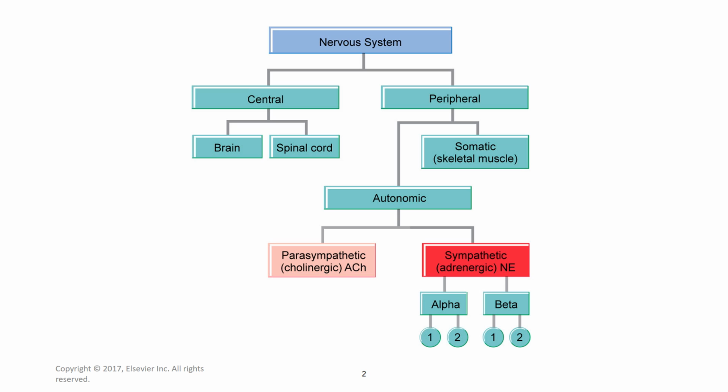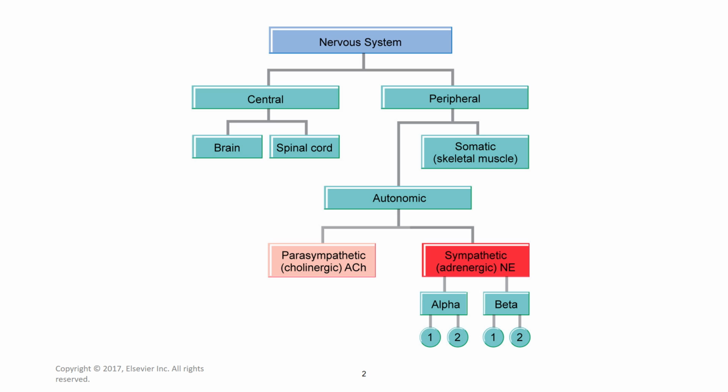So the nervous system has two separate branches: the central nervous system, which encompasses the brain and the spinal cord, and the peripheral nervous system, which encompasses the somatic nervous system, which innervates the skeletal muscle and is responsible for voluntary movement, and the autonomic nervous system.